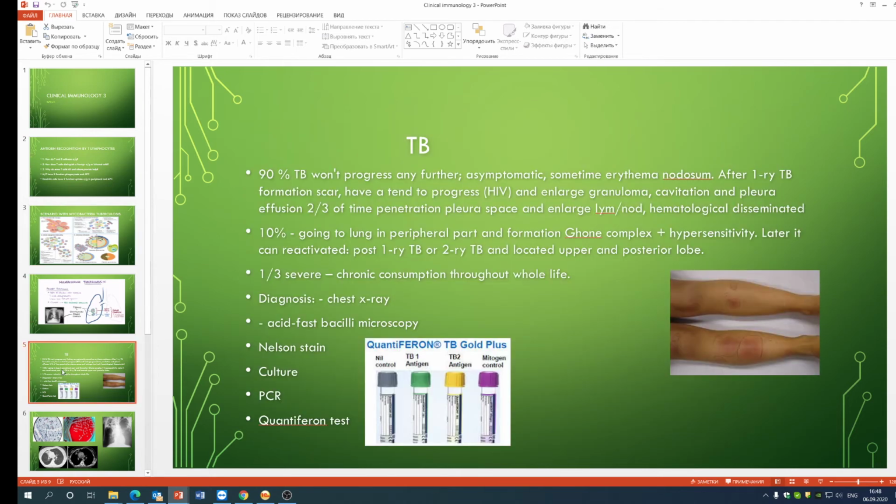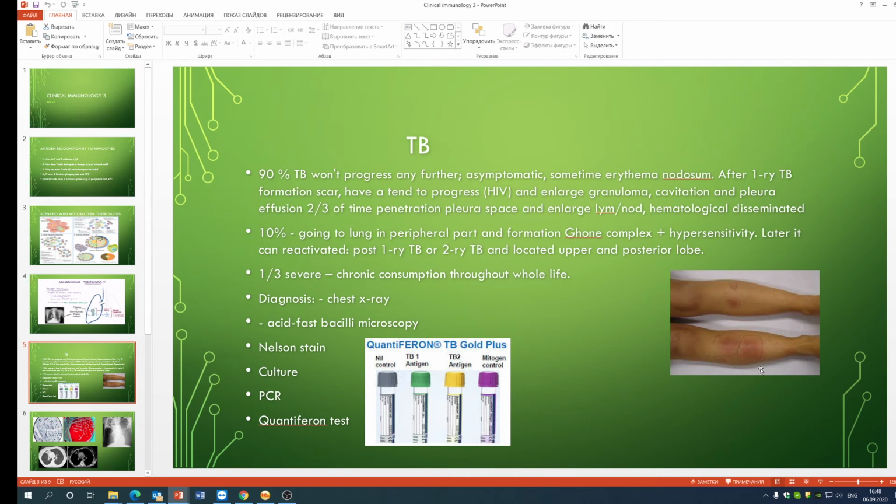After this, 90% of people with primary tuberculosis would not progress any further. What characterizes primary tuberculosis? Sometimes it is asymptomatic and sometimes there are vague symptoms such as chest pain, fever, and erythema nodosum present on the leg.